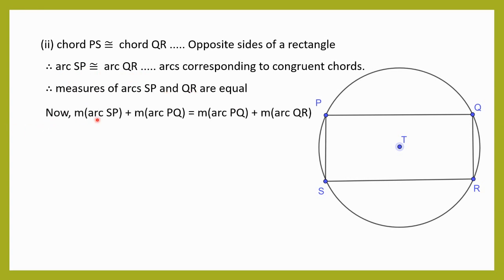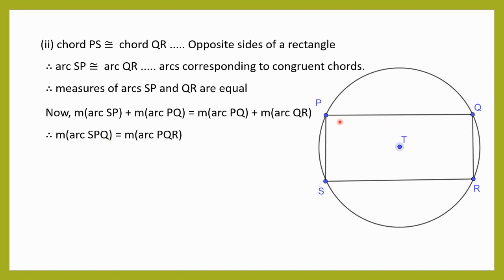Now, measure arc SP plus measure arc PQ will be equal to measure arc PQ plus measure arc QR. Note that arc SP plus arc PQ is arc SPQ, so in place of arc SP plus arc PQ, we have written arc SPQ.